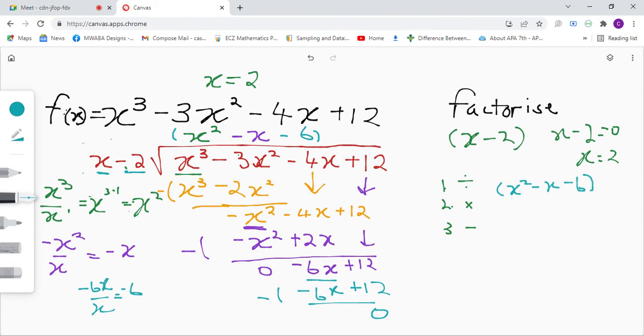Now, this quadratic expression here, we can also factorize it further. We can check if we can factorize it further.